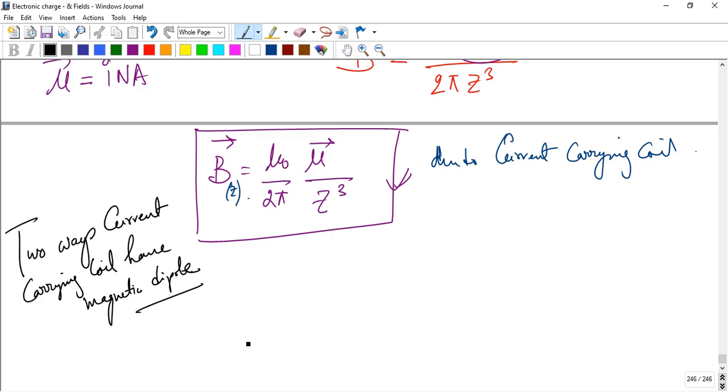Way number one: it experiences torque when we place it in an external field.